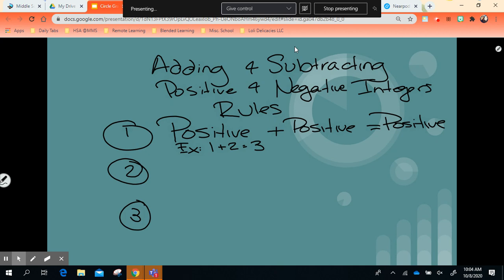What happens when you add a negative plus a negative number? So -1 plus -2. You get a negative answer. And we're going to use that same example.